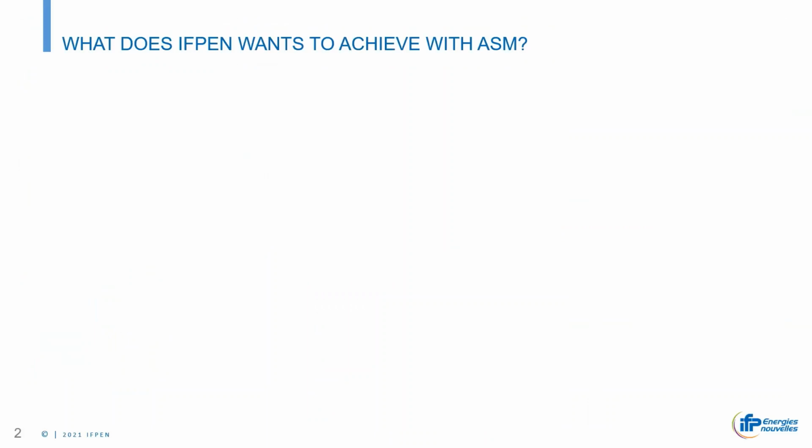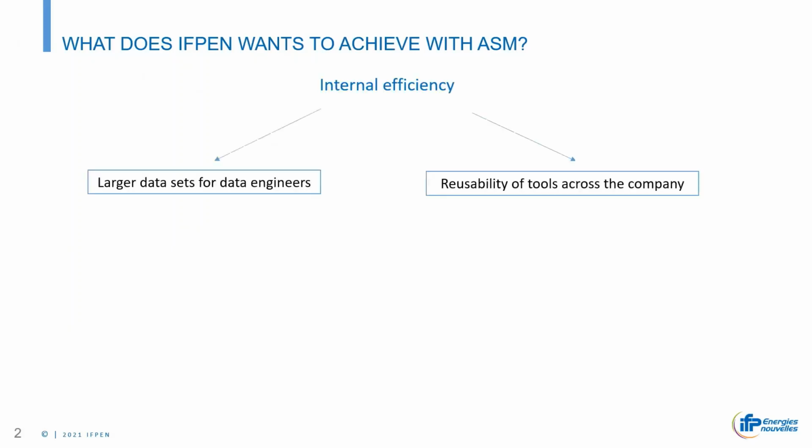Let's dive right in. What does IFPEN want to achieve with ASM? Two goals. First of all, internal efficiency. We want our engineers to have larger data sets to train neural networks and artificial intelligence, everything you talked about earlier, and also to be able to reuse the tools across the company.